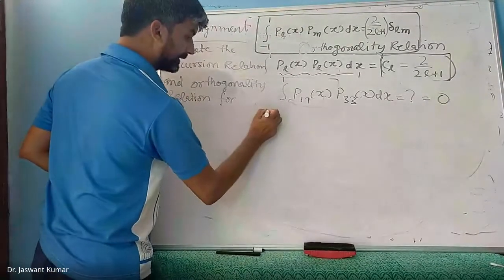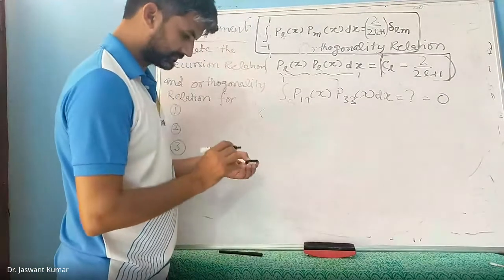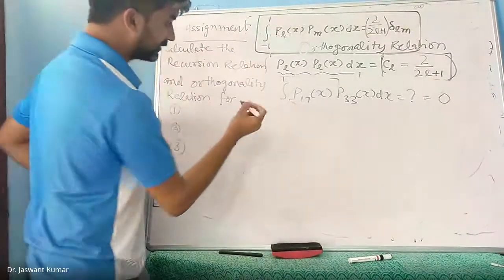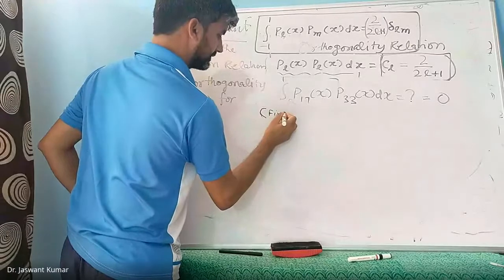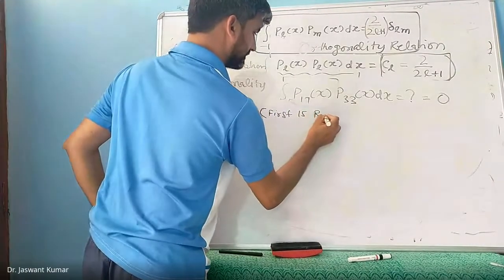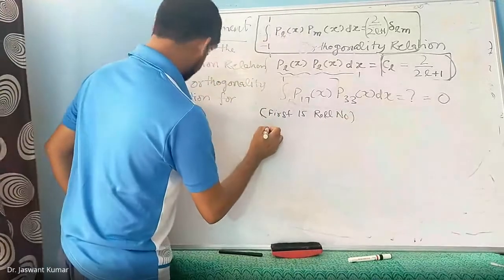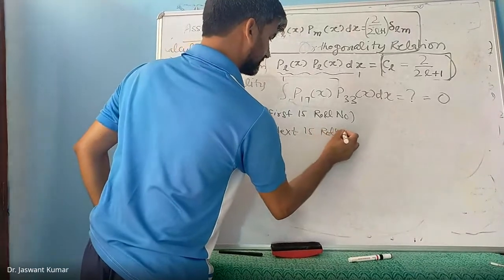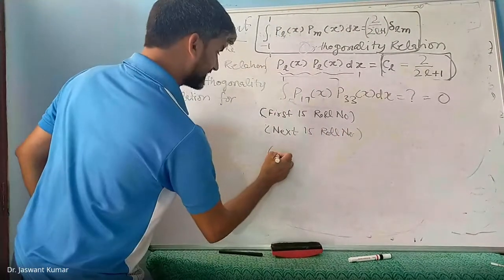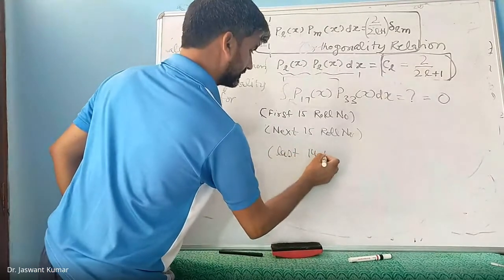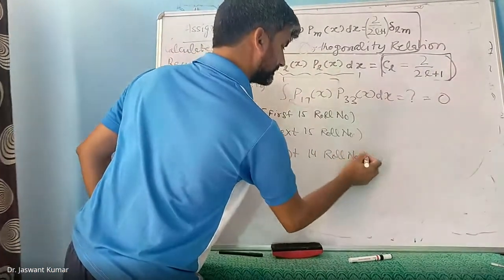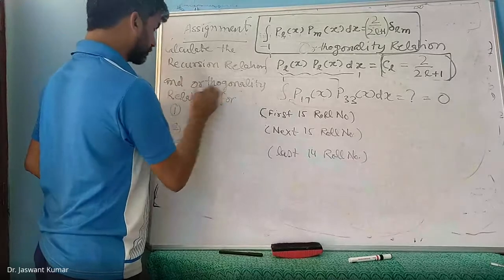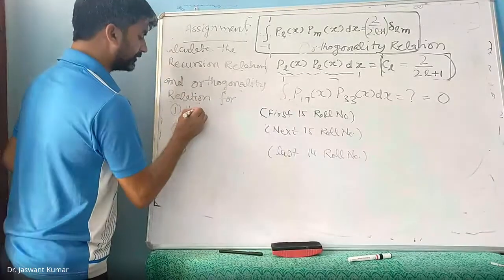The first 15 roll numbers, then the next 15 roll numbers, and then the last 14 roll numbers. The first 15 roll numbers will give me the recursion relation and orthogonality relation for Hermite polynomials.